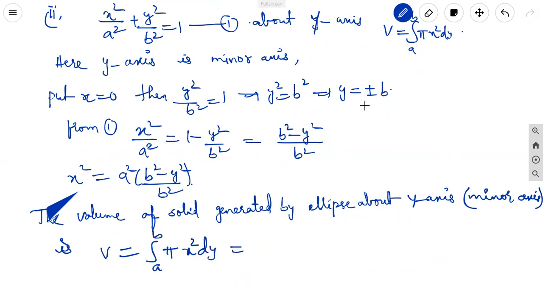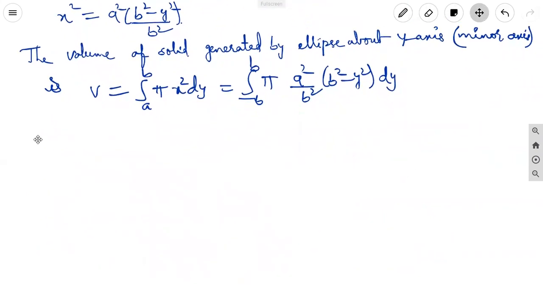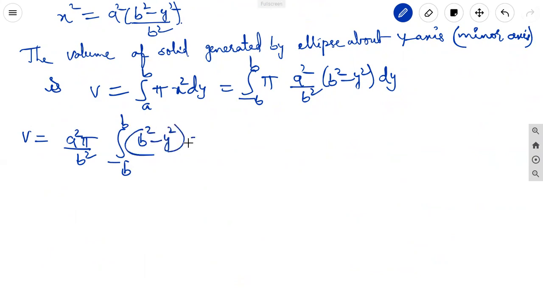That is equal to y limits are minus b to b pi x squared is a squared by b squared into b squared minus y squared into dy. Write outside the constant values. V is equal to a squared pi by b squared integral minus b to b, b squared minus y squared into dy. Write separately a squared pi by b squared.